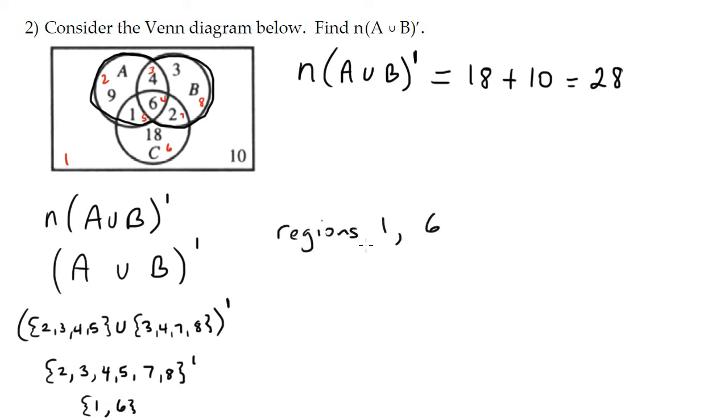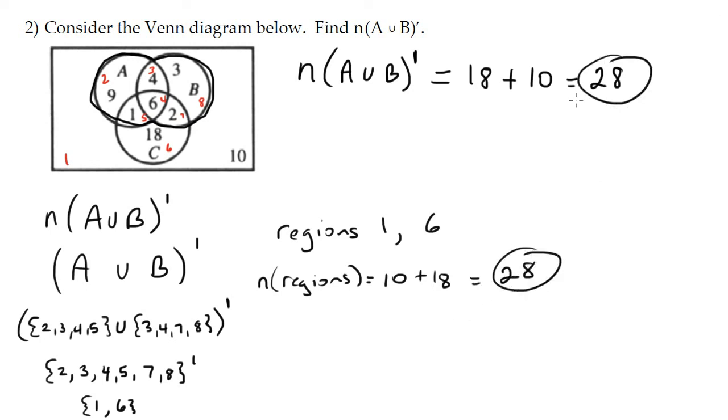The number of elements in region 1 is 10, it's outside here. The number of elements in region 6 is 18. So 10 plus 18 equals 28, which is exactly what we got here.